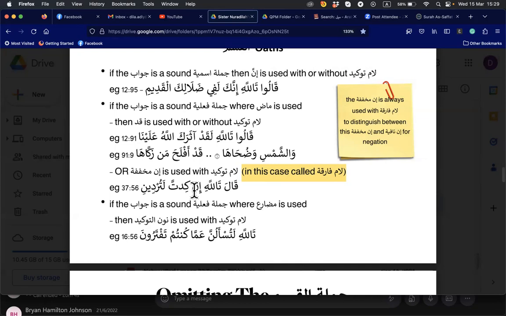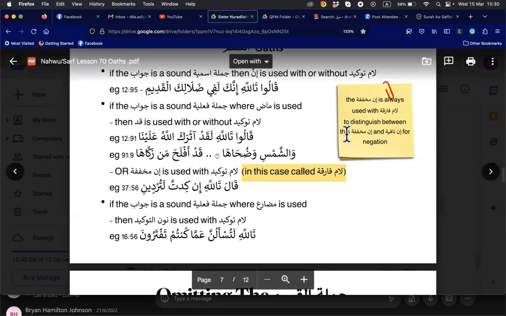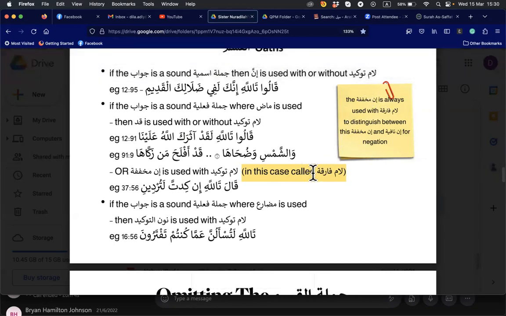This is the only bit of notes that I have about in mukhaffafa, but basically you can use this in with a fi'il madi at other places also. It doesn't have to be a jawabul qasam. But again, it's the same thing. This in is going to be used with this lam fariqah.